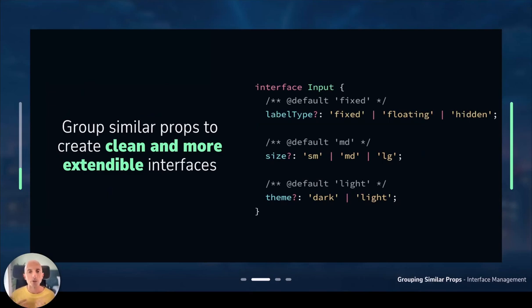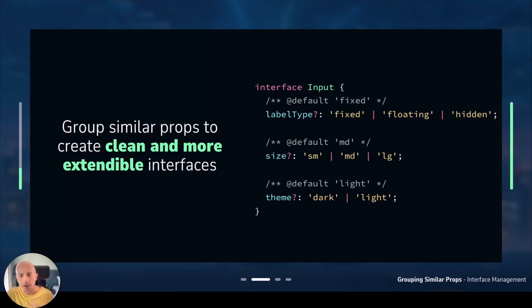Here we're using our TypeScript types, and we're going to be using label type, and we give it these string literals of fixed, floating, and hidden. And then we do the same thing for our size and theme, and we also define our default values here as well. By organizing our input interface this way, we take those 5 props and compile them down into three categories, and we just define the values with the string literals here.